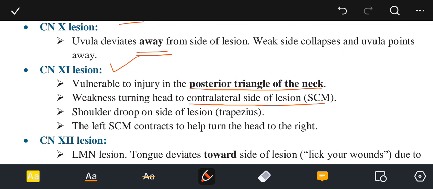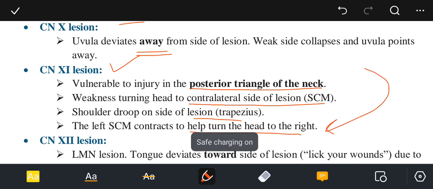If there is some lesion to the sternocleidomastoid, the head will not move to the opposite side, which means the head will be tilted towards the side of the lesion. There is also shoulder droop on the side of the lesion. The left sternocleidomastoid muscle contracts to help you turn the head towards the right side.